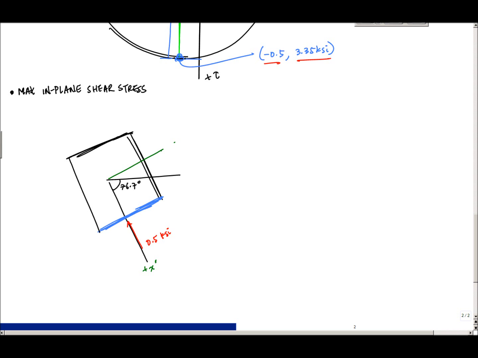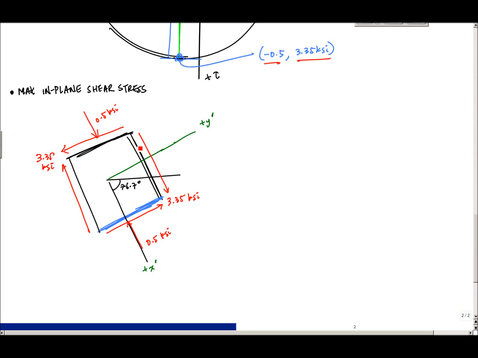Here's my plus y prime. x is what's rotated, and my shear stress is positive 3.35. That means on my plus x face in the plus y direction, and then I complete the rest of the shear stress based on equilibrium. Bam, 3.35 KSI, and here I have equal and opposite 0.5 KSI causing compression.